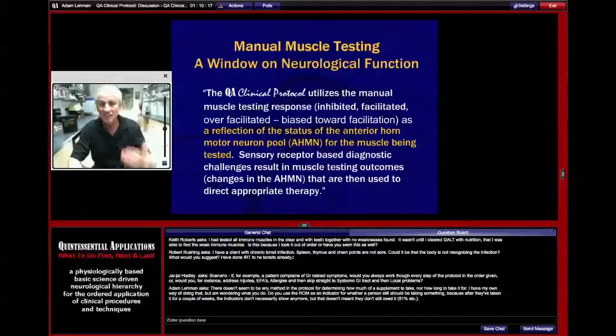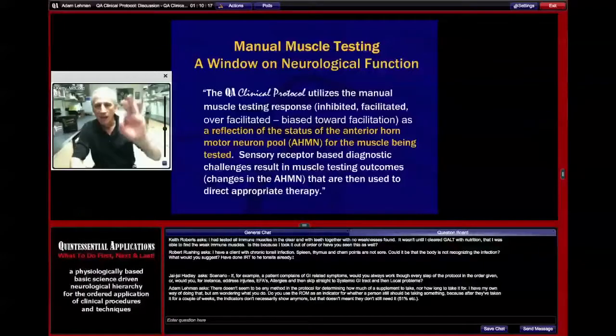It says the QA clinical protocol, or AK, utilizes the manual muscle testing response. That's inhibited, a weak muscle, facilitated, a strong muscle, or over-facilitated, but in the parlance of neurology, maybe that's more like bias towards facilitation, what we call a hyperactive response, a muscle that can't be inhibited by autogenic inhibition.